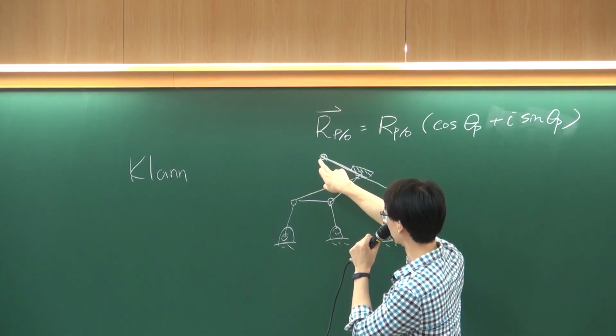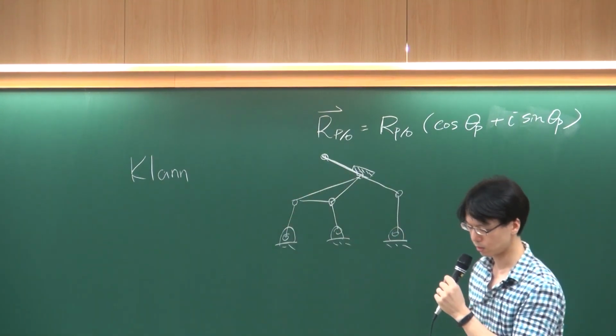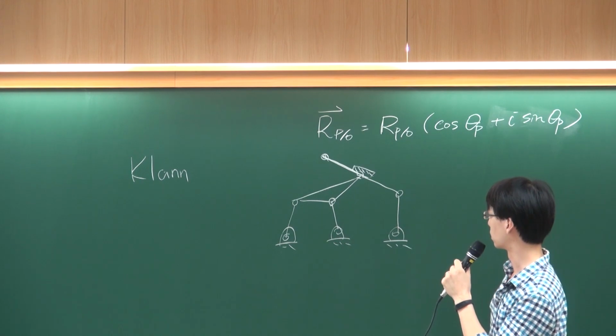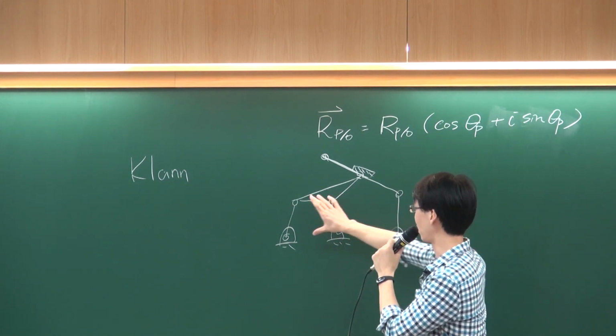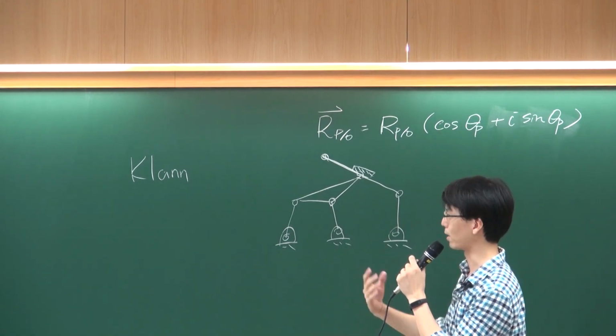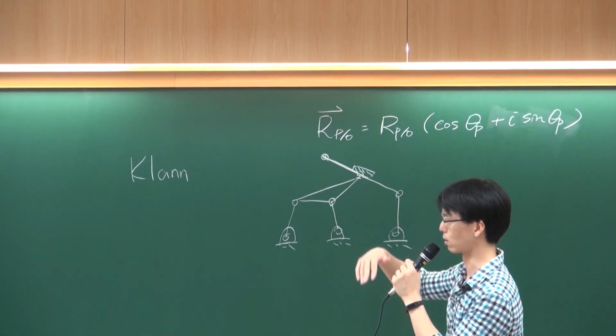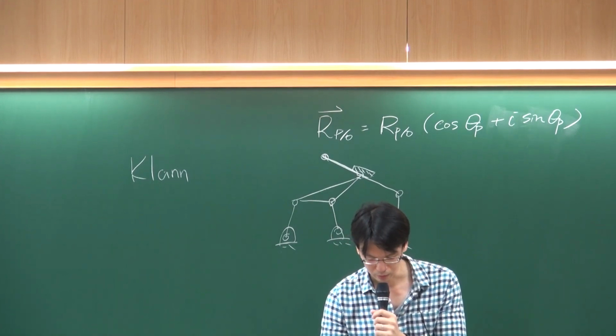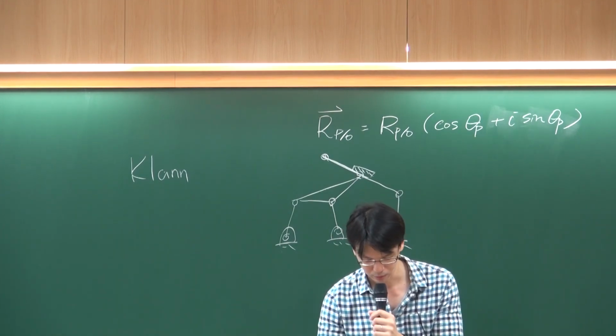So use this point as the output, and you can tune the length of this one to make the trajectory change. Depending on your application, maybe you want the trajectory more like a triangle or more like a straight line.